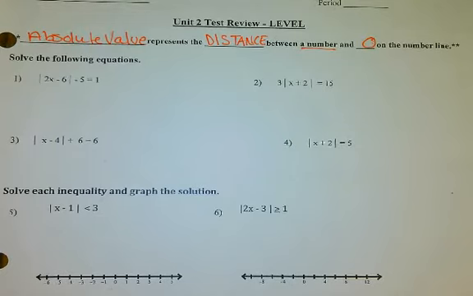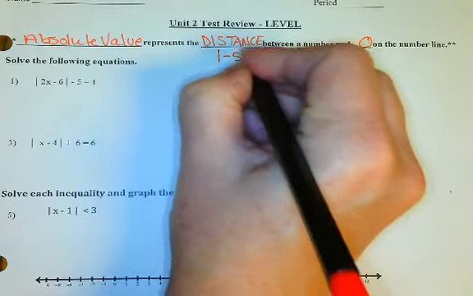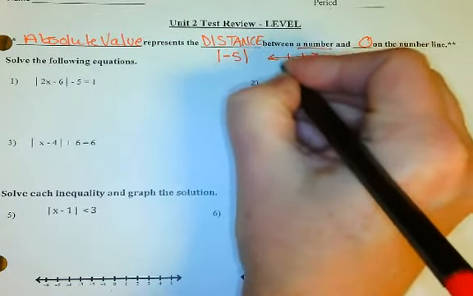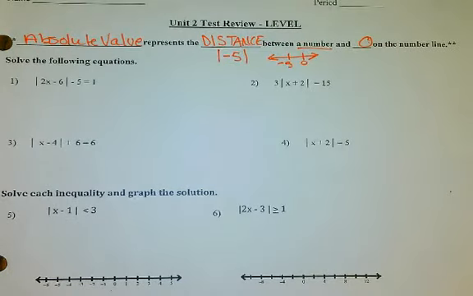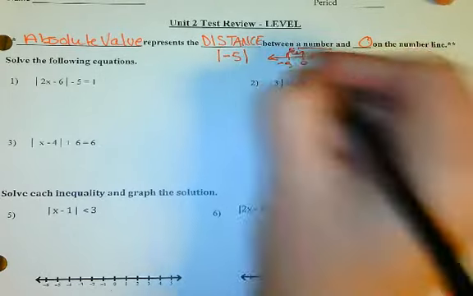So remember, when you're dealing with distance, distance has to be positive. So for instance, if I ask what's the absolute value of -5, the absolute value of -5 would be 5, because that's the distance from 0, 5.